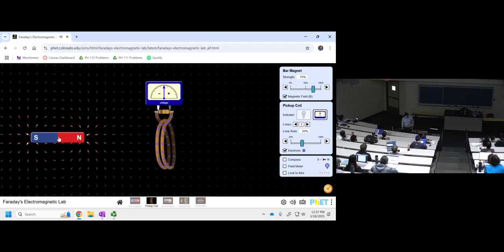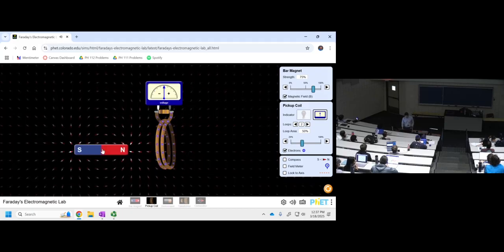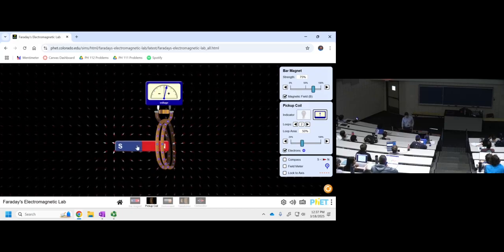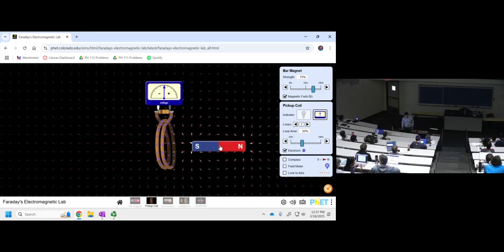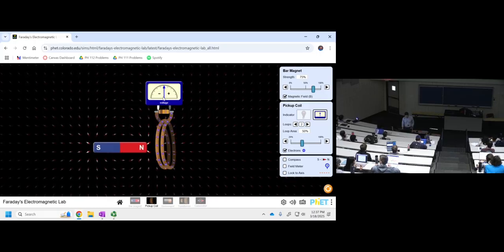You could also do it in terms of voltage, and you could see it here as you go in and then out. There's going to be a change in the voltage across this resistor right here.